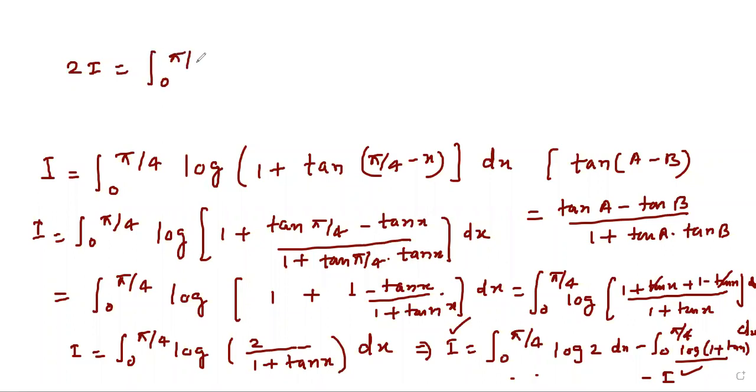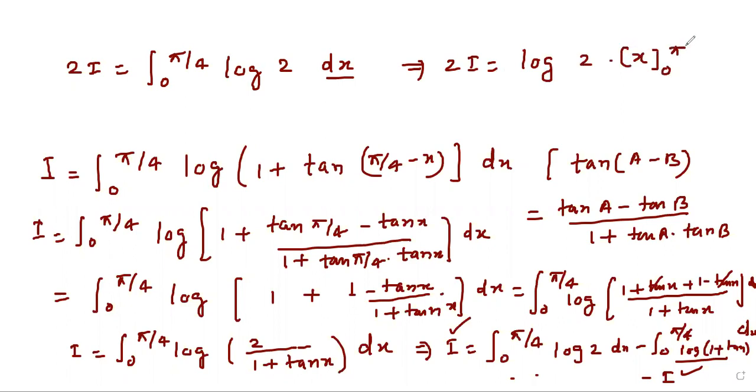integral 0 to pi by 4 log 2 dx. This is constant and dx will give x. So we will get 2I equals log 2 times x with the limits 0 to pi by 4.